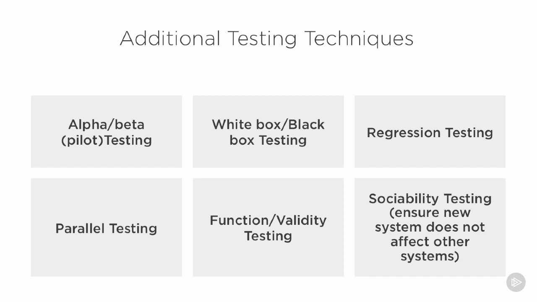Very often alpha is internal, with some of our internal staff just testing the program out. Whereas a beta test might be to even some of our customers that offer to help us with testing this proposed new product. When a customer tests a product for us, they're doing a black box test.